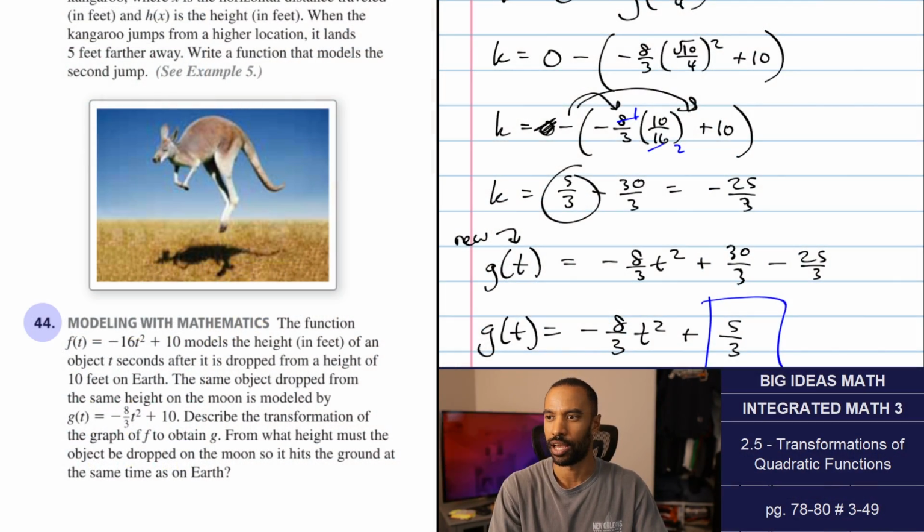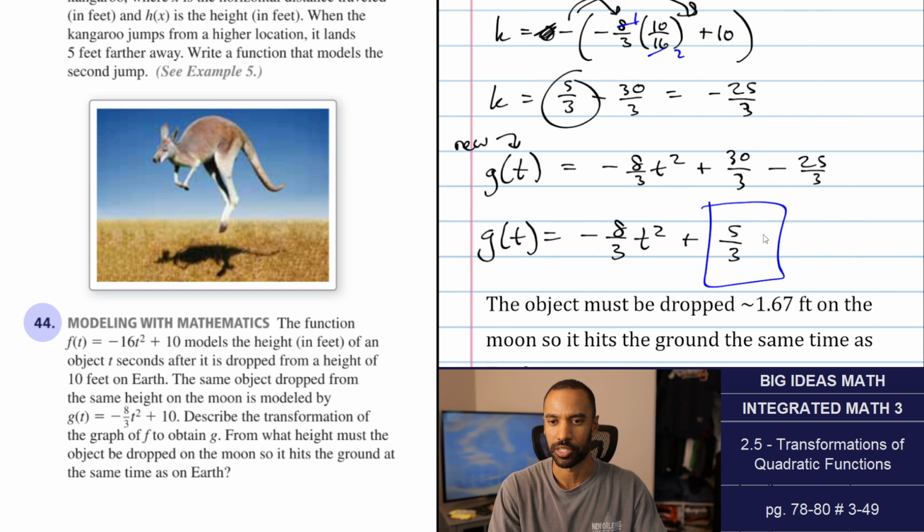Root 10 over 4 apparently is 0.79, whatever. I'd have to plug this into G's equation. I'd get a y value out, which is the same as the 25/3. And I'd subtract the 25/3 from 10, and I'd get 5/3, which is 1.6, etc. So that's kind of a lot of stuff to do there as well. But yeah, this one at least is exact.